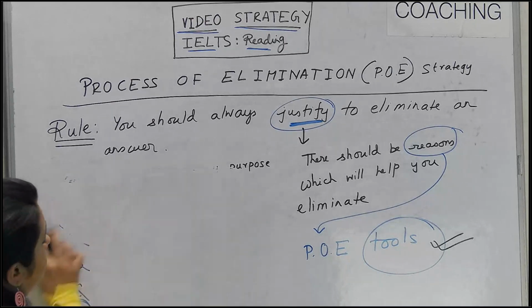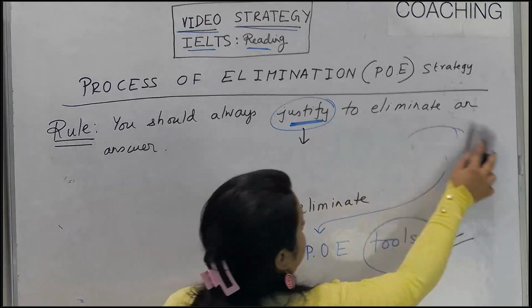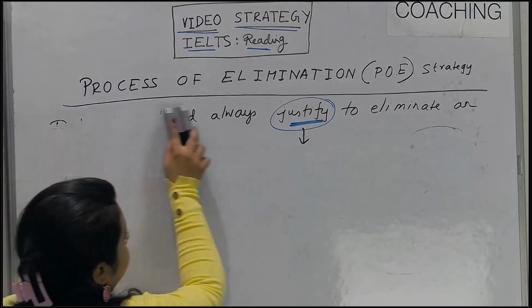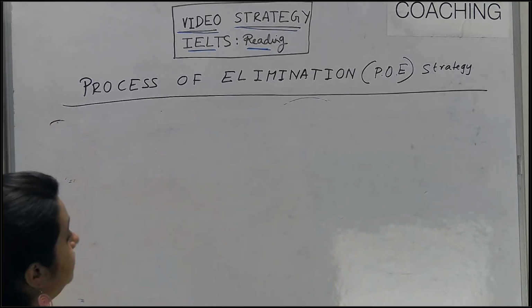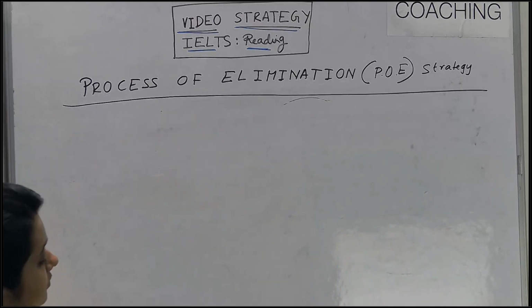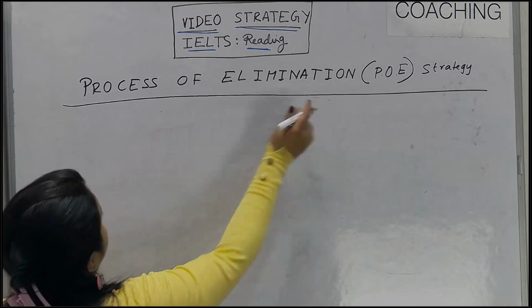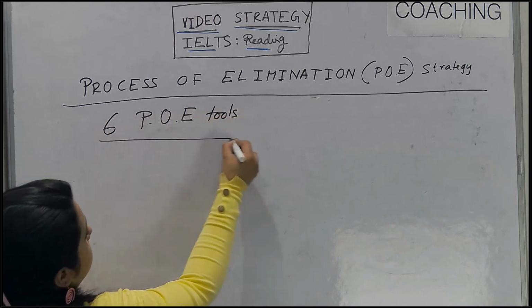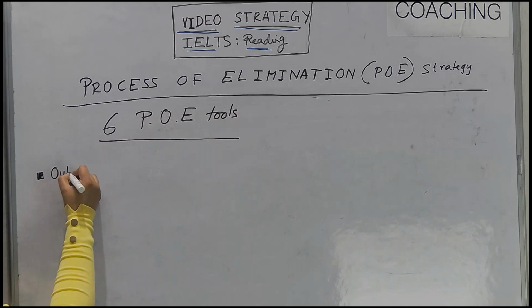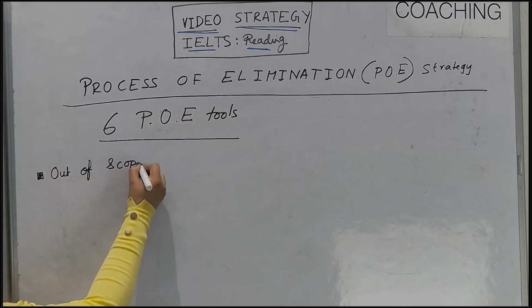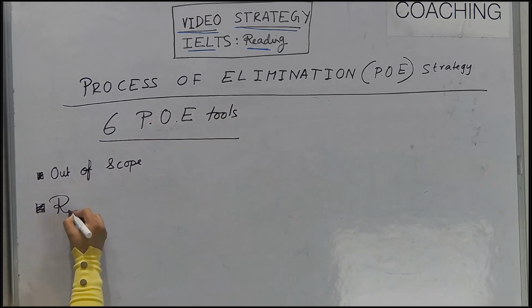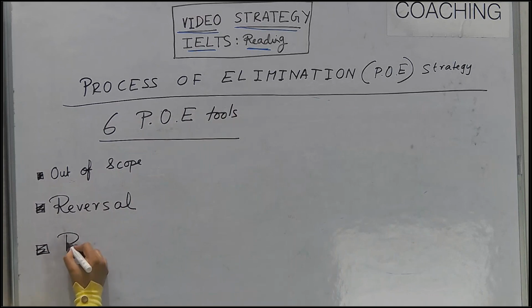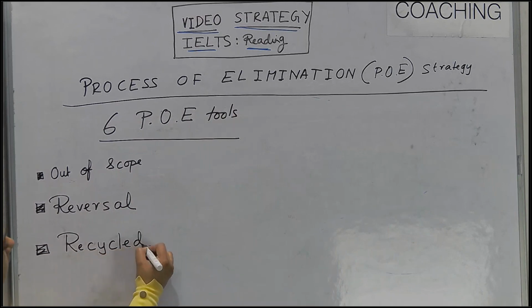So we do have 6 process of elimination tools. They are as follows. Number 1, out of scope. Number 2, reversal. Number 3, recycled language.